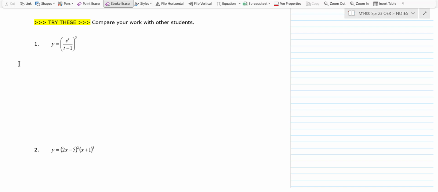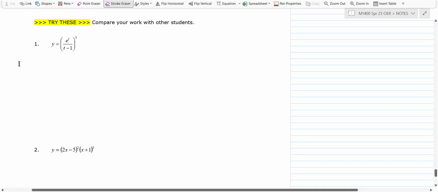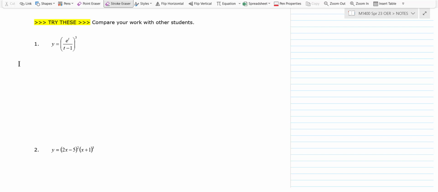Okay, let's see. You got bottom times derivative of top. Derivative of the bottom is 1. Right? Derivative of t minus 1 is 1. So what you have is t minus 1 times e to the t minus e to the t times 1.